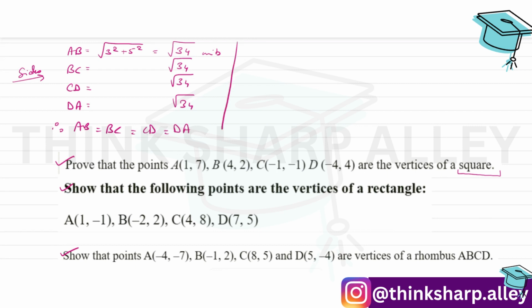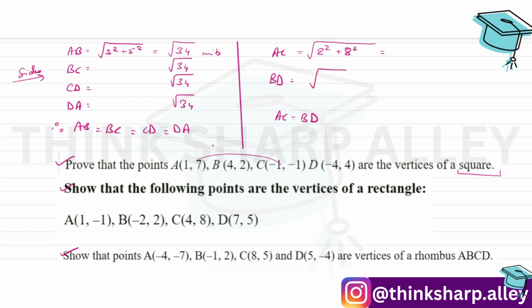You need to find out the length of the diagonals as well. So we need to calculate AC and BD, because we know for a square diagonals are also equal. So since the sides as well as the diagonals are equal, we can say that they are the vertices of a square. So for the calculation of AC, 1 plus 1, which is 2 squared, and 7 plus 1, 8 squared.